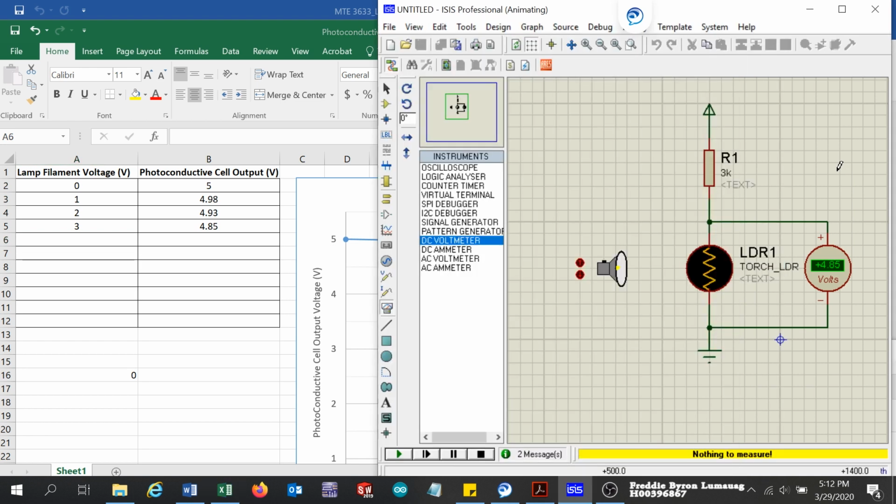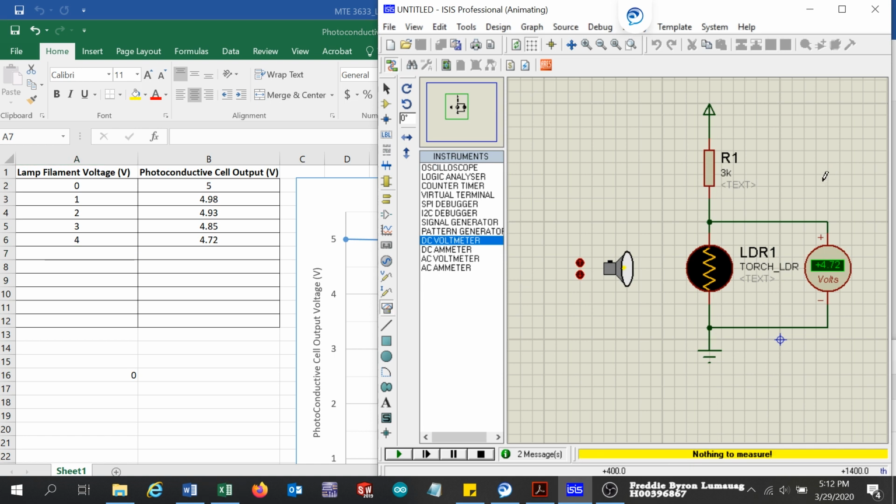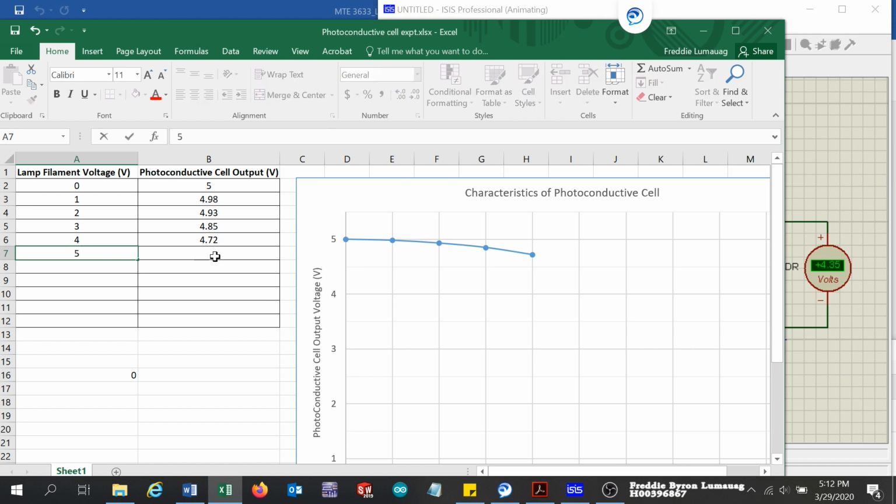And then 4, that is 4.72. And 5 is 4.35.